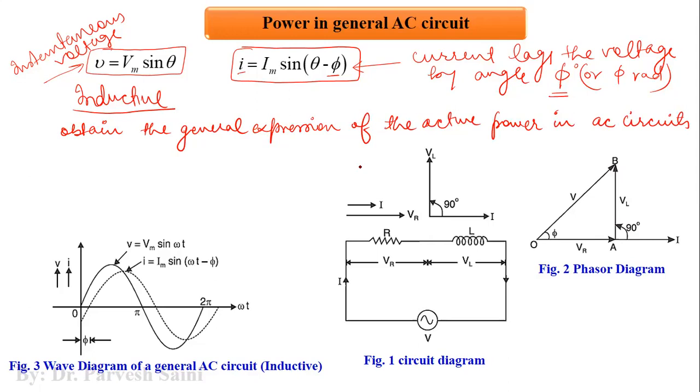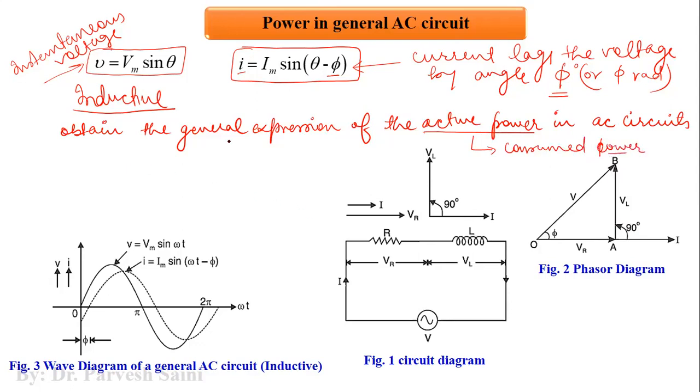We have also understood the behavior and analysis of composite circuits, such as series RL circuits and series RC circuits, and like that. Now, in today's lecture, we will see what power is generally associated with AC circuits. The power we are talking about is the active power, which is the consumed power.